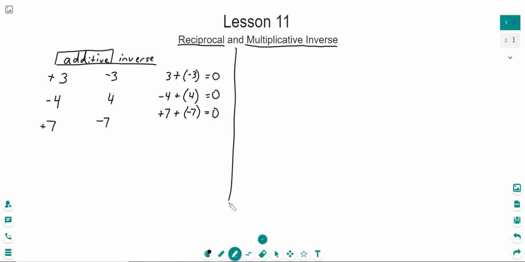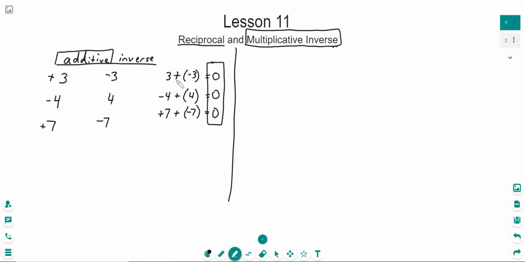Now in multiplication, the multiplicative inverse is a little bit different. Before I even say that, let's just point out the difference. When we're talking about the additive inverse, we're always trying to get back to zero.